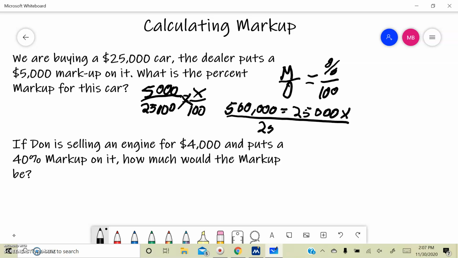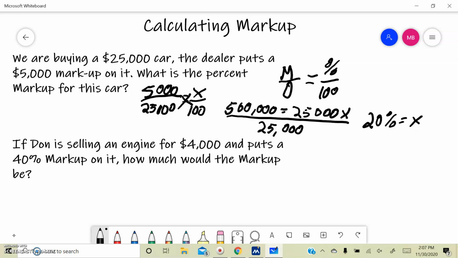I divide the entire thing by 25,000, and I would get 20% is equal to X. So that car had a 25% markup on it.